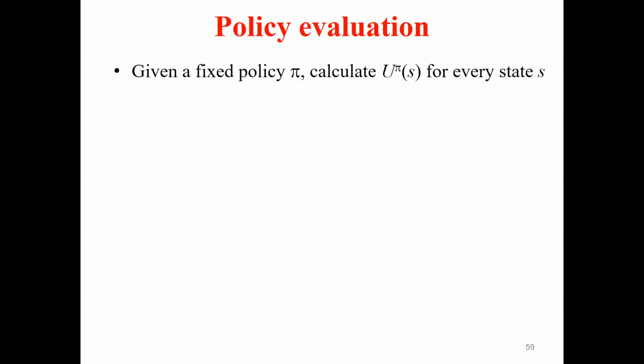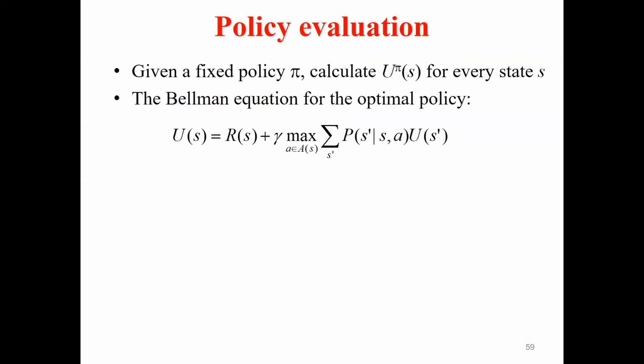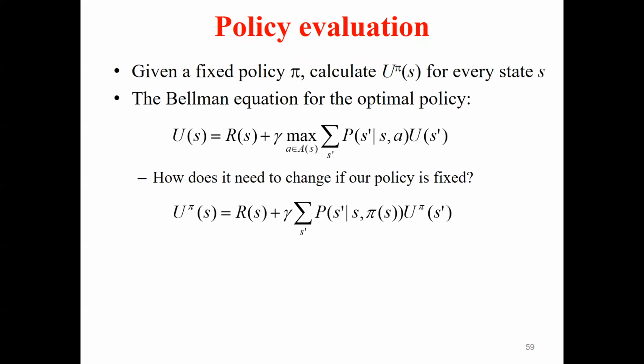Given a fixed policy pi, we compute the utility of every state S by the Bellman equation. So this is the Bellman equation. Now, since here we have the policy, we know the action A; we need not worry about what A is, because A is already there in pi. So in case our policy is fixed, this action A, which is over here, is part of the policy pi.